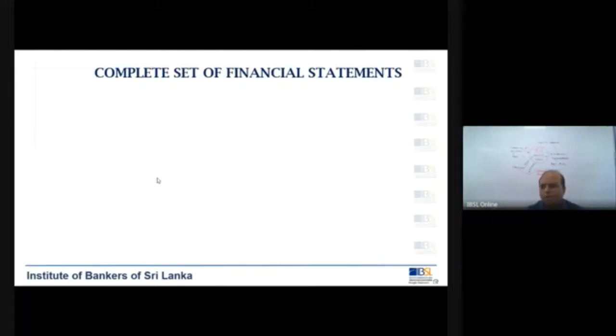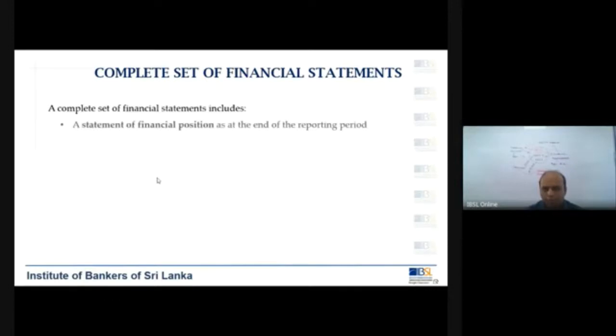Now we look at what is the complete set of financial statements. A complete set of financial statements includes a statement of financial position, and please remember that a statement of financial position was earlier called the balance sheet.